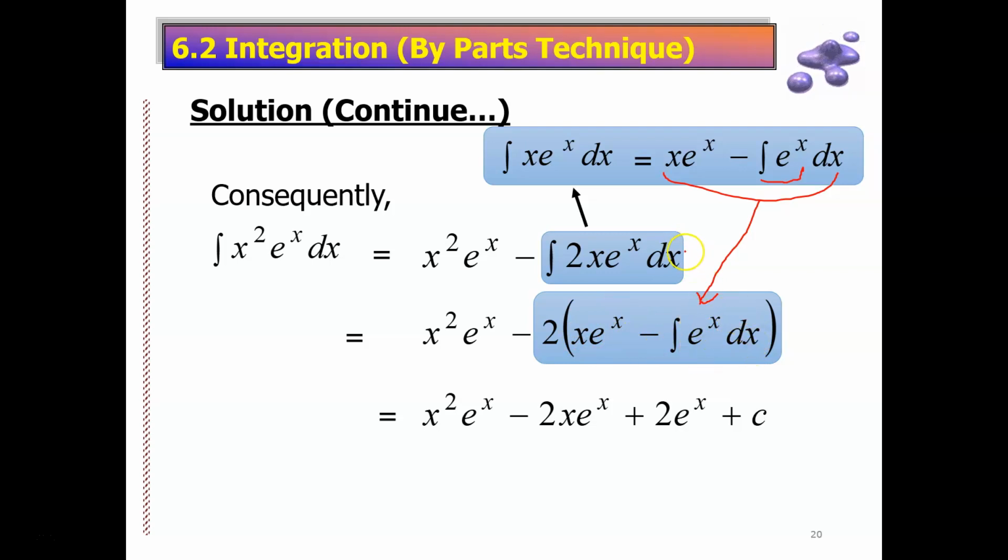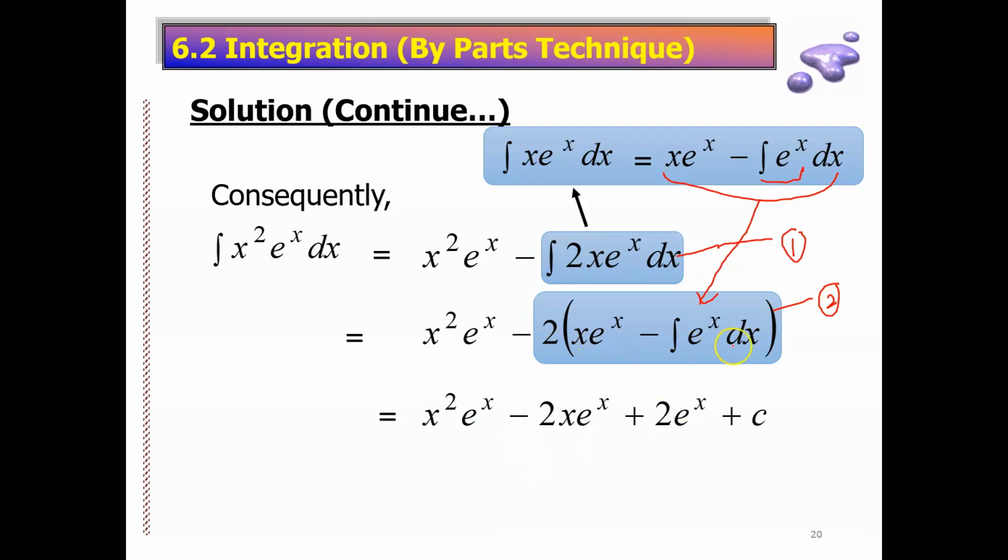Maksudnya, this is the first time, ini yang pertama kali you buat by part. And then, you dapat jawapan, you buat lagi. This is the second one, yang you buat integration by part.